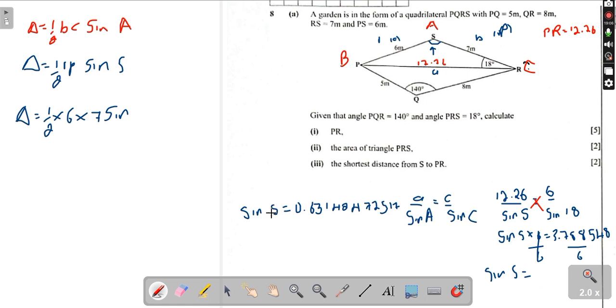Then the last thing you do, you want to find S as the angle. So S will be equal to sine inverse of 0.631142472517. Then you use your shift, shift sine to get the sine inverse, then you write everything.